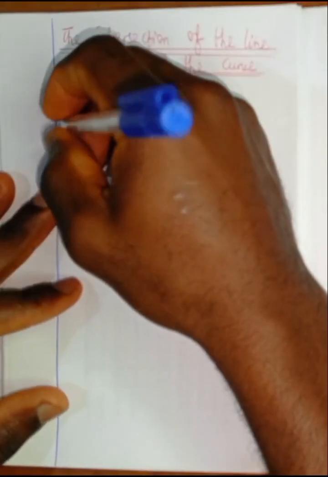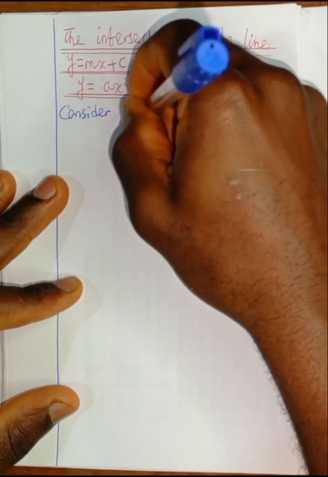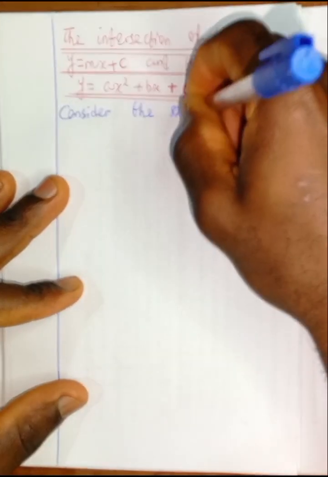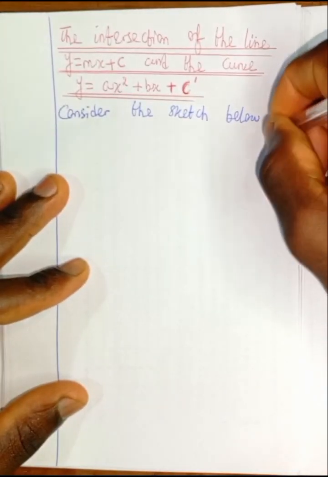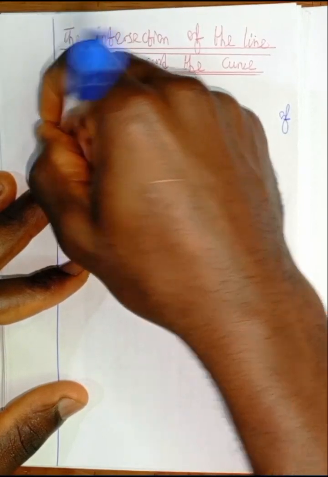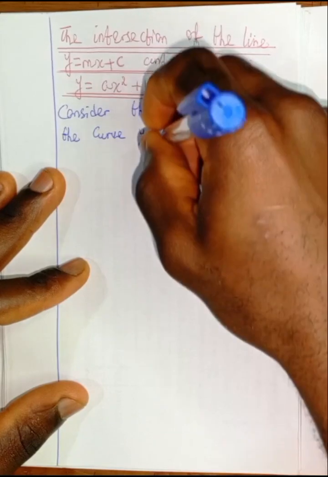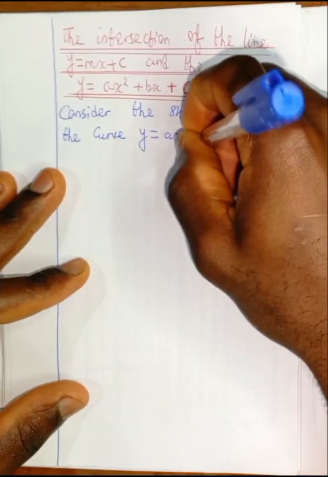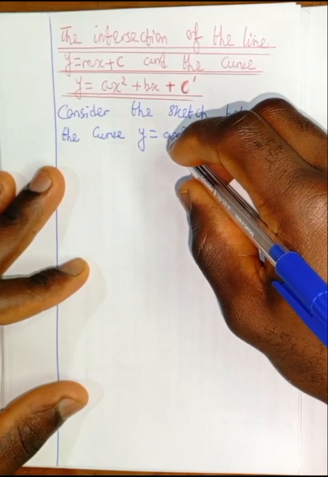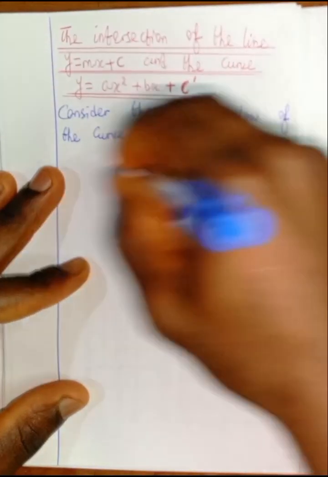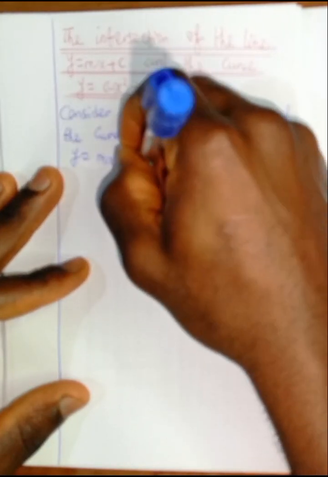We're going to consider the sketch below of the curve y equal to ax squared plus bx plus c prime. Remember, a must not be equal to 0, and y equal to mx plus c.